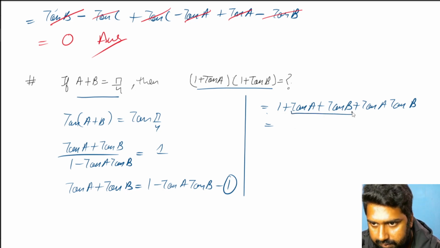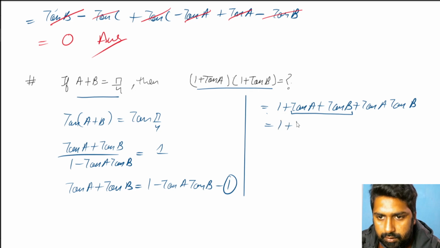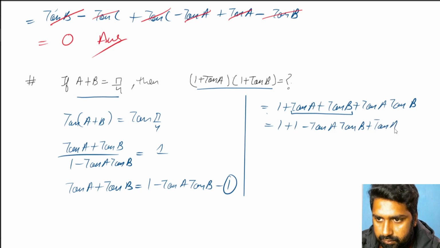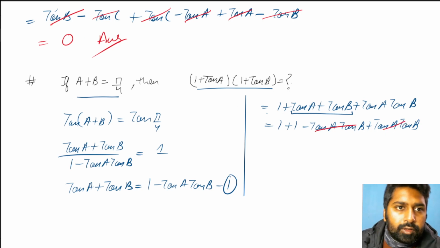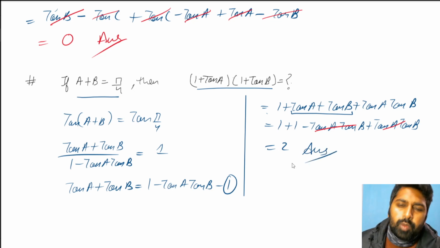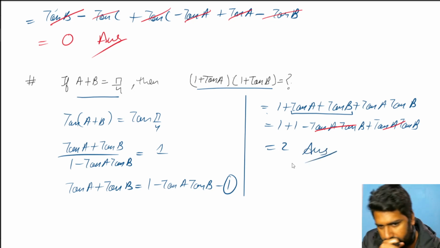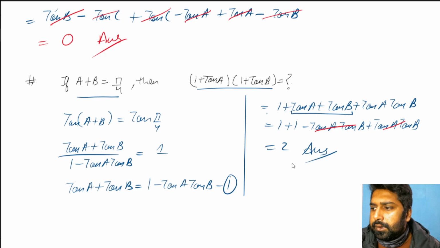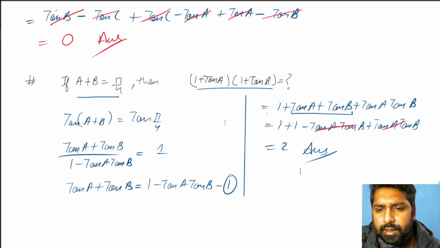I am replacing this with 1 minus tan A tan B, and there is another plus tan A tan B. These two cancel, and 1 plus 1 becomes 2. So the expression answer is 2. That's one conventional approach. Proper standard. Nothing, any sort of cheating is not done here.